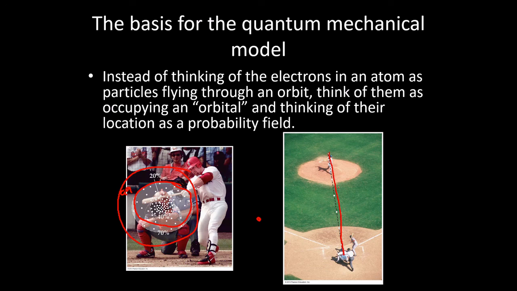That's classical mechanics. But in quantum mechanics, we say, no, it's not just a particle with forces on it that we can predict. Instead, these particles exist as a probability field. So we can still define a region that would look very much like this trajectory, where we are very likely to find the baseball, but it is not a discrete particle like that, where we can track it as it moves along.